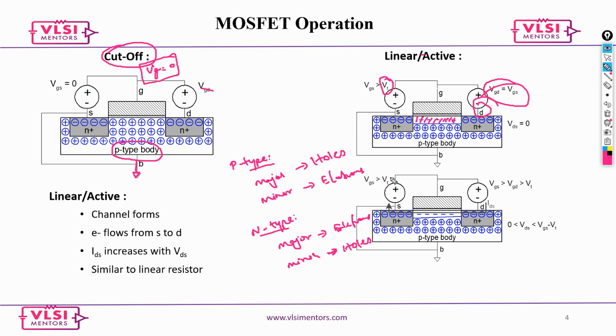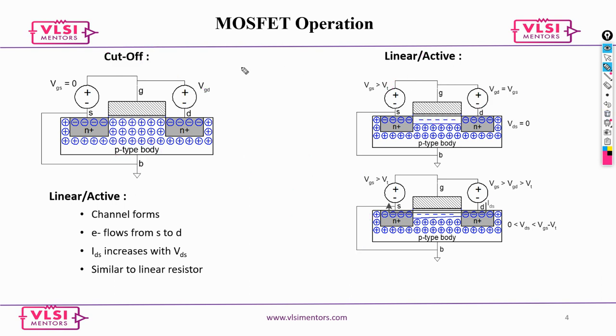So what is the condition for your cutoff? Any idea? Gate supply should be less than threshold, Vg less than Vt. That is your cutoff.